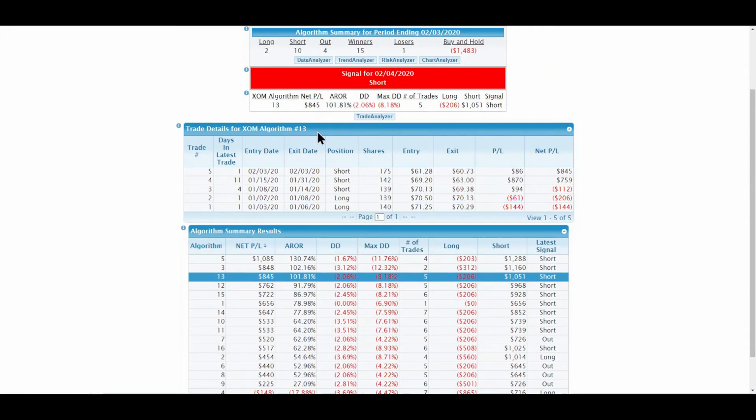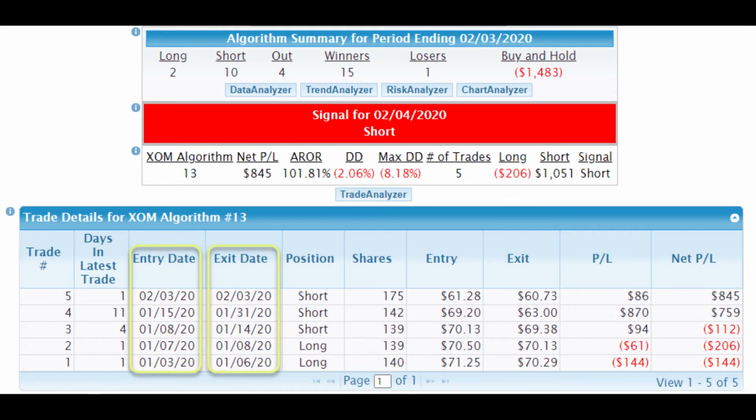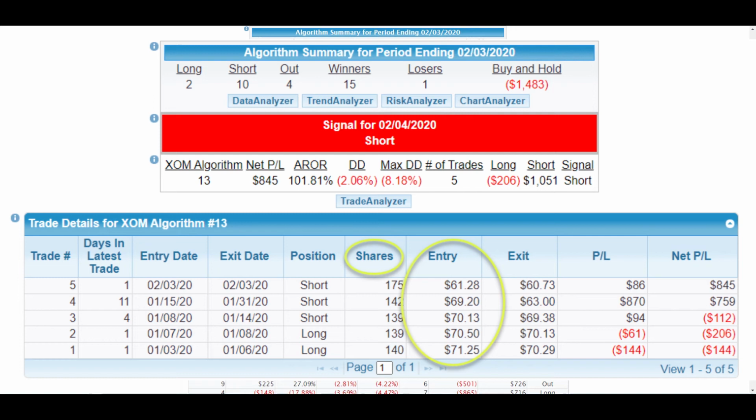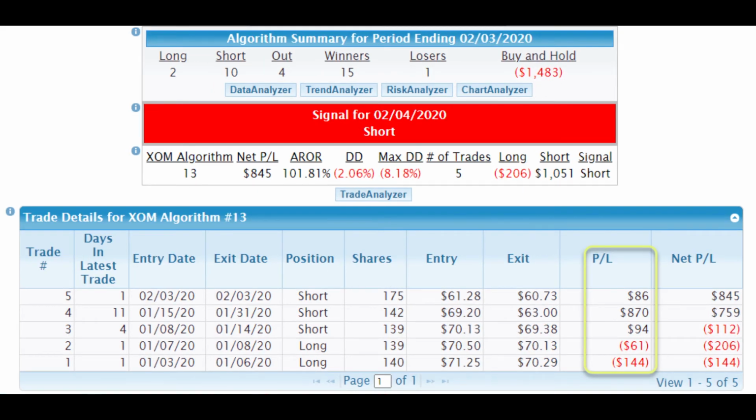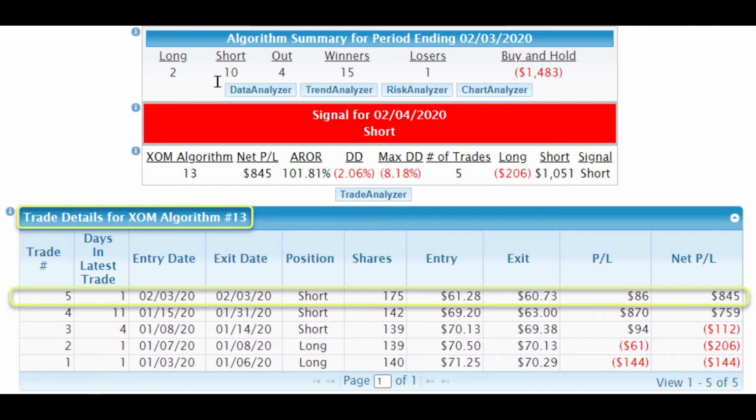And those results include the exact entry and exit date that each trade got in and out, plus the number of days that each trade was in that position, the number of shares you could have bought or sold on those dates based on that stock's opening price on each date, and the amount of money you specified in your investment size at the beginning of your session, the amount of profit or loss or P&L that each trade produced, and how those amounts affected that algorithm's running net P&L total for the entire period. And finally, what the position was for each trade, based on all of that algorithm's trade signals throughout the entire period, 1 trade at a time.